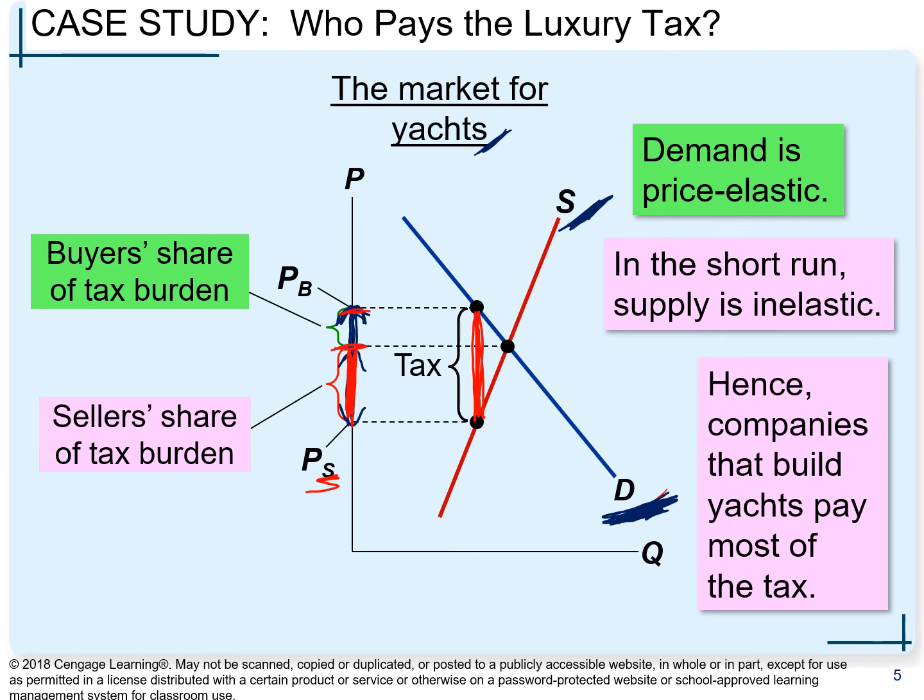Now, you need to think about it. Guys, remember, we wanted to collect more taxes from people who have more money, because if you can afford luxury yachts, it means you have more money. Did we end up doing that?